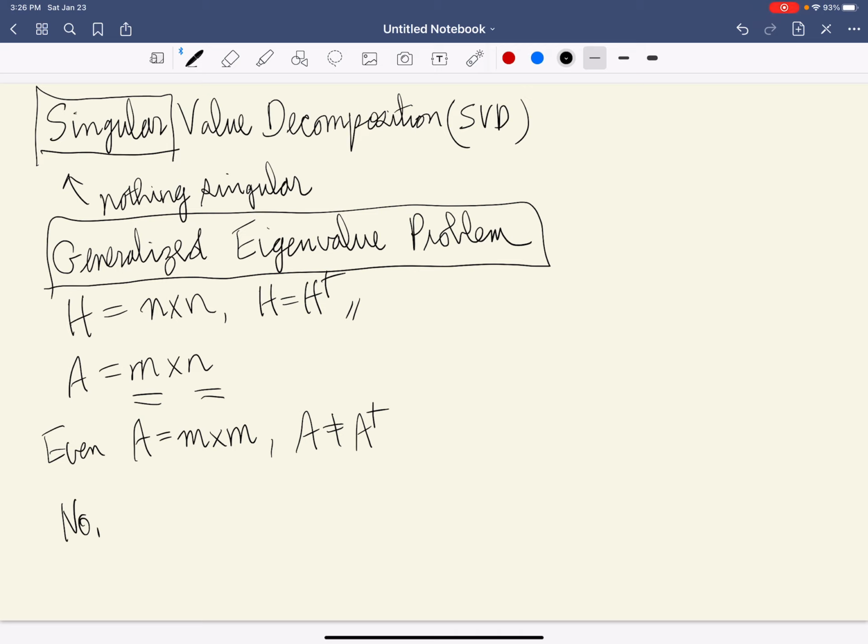And so in that sense, I want to call this entire technique a generalized eigenvalue problem. I'm going to go through the decomposition techniques of singular value decomposition. And just to simplify the discussion, I'm going to assume that the matrix I have in mind is n by n, so it's a square matrix, but not necessarily Hermitian.